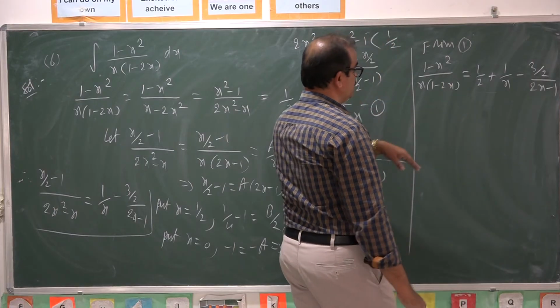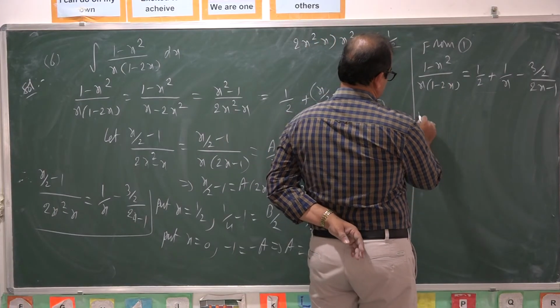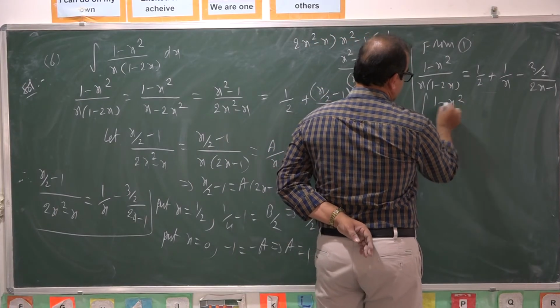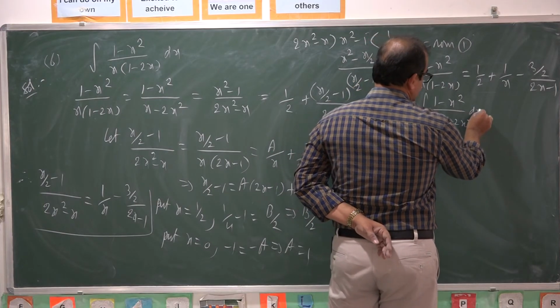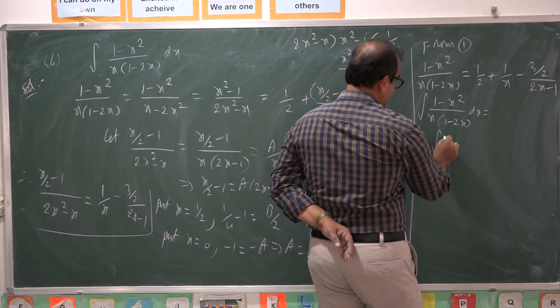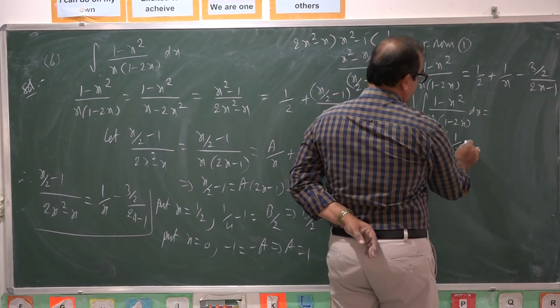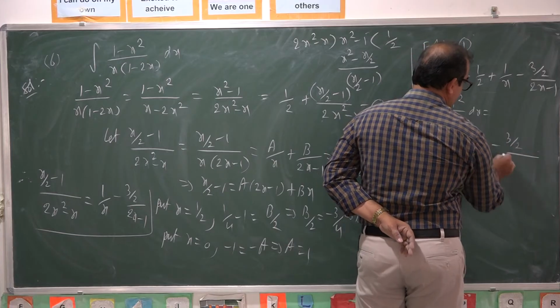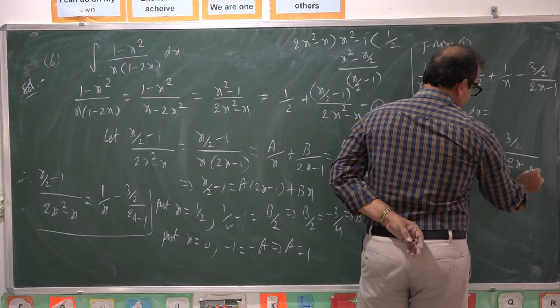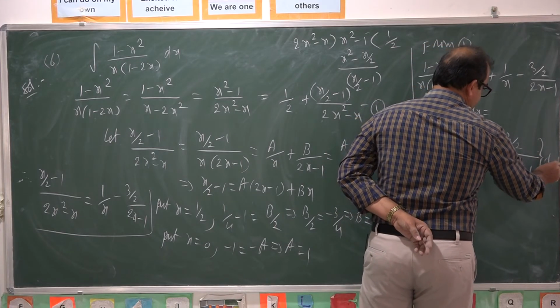Now integrate both sides. Integral of 1 minus x square by x into 1 minus 2x is equal to integral of 1 by 2 plus 1 by x minus 3 by 2 by 2x minus 1 into dx.